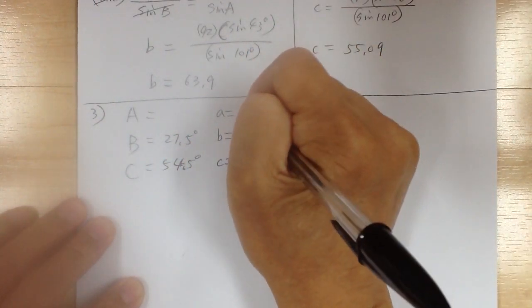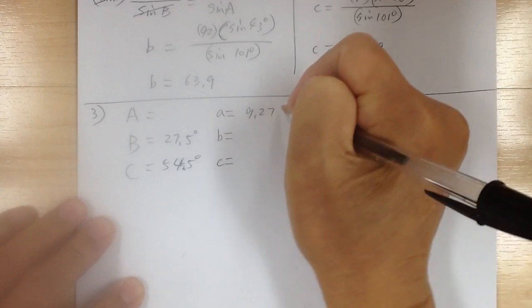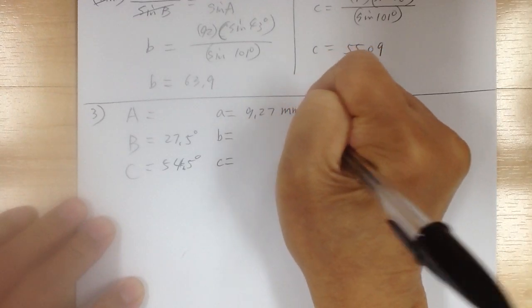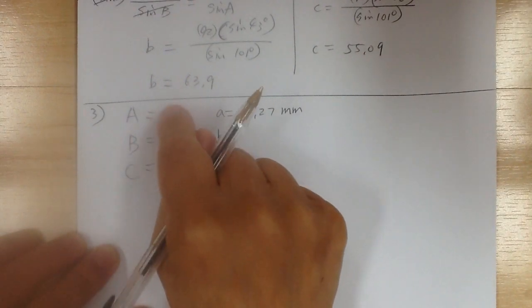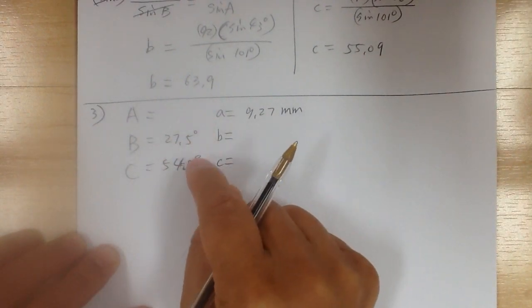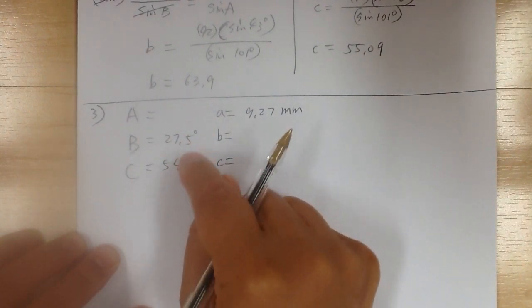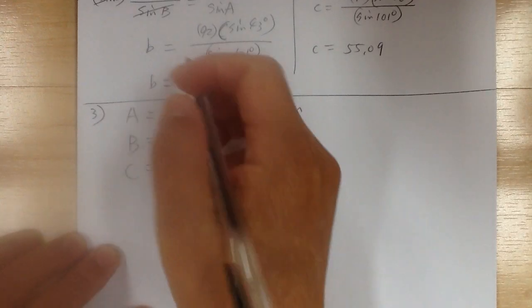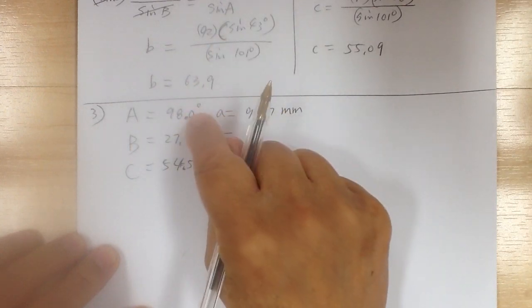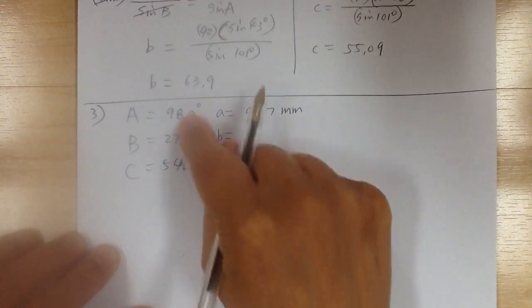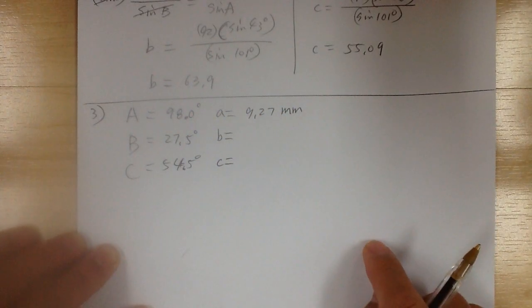And small a is 9.27 millimeters. Okay, so you can get your calculator. You have to find the A first since the two were given. So use 180 minus 54.5 minus 27.5. This will give you 98.0. And you want to put 0 here because you have to follow the significant digits.